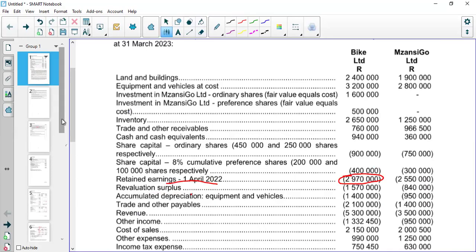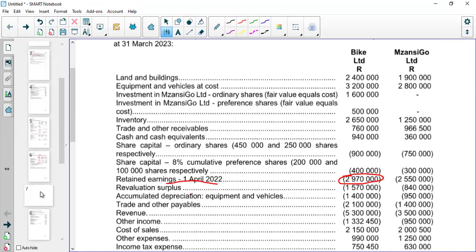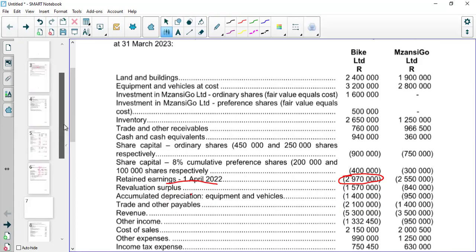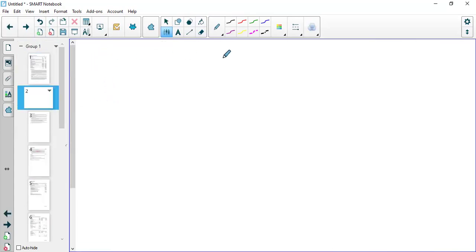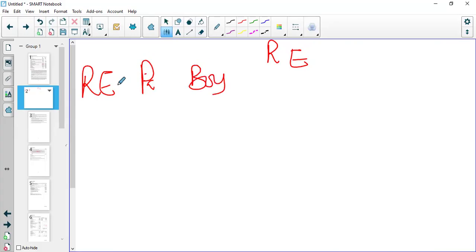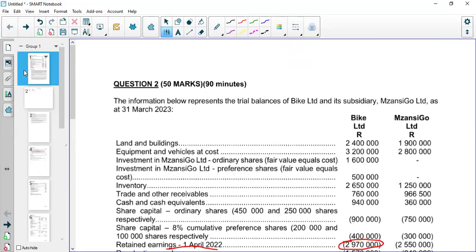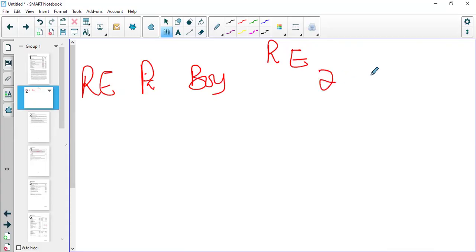So this is what we're going to do. Retained earnings. This is a calculation. So retained earnings of the parent, the beginning of the year. So we look there, it's 2970. So that's our starting point.